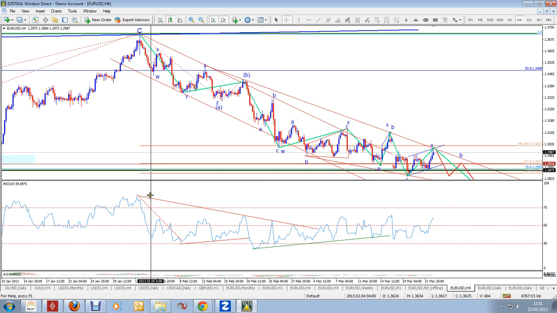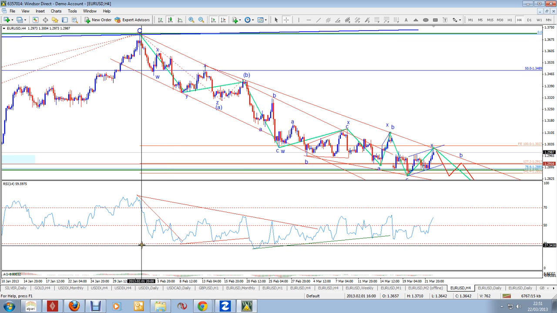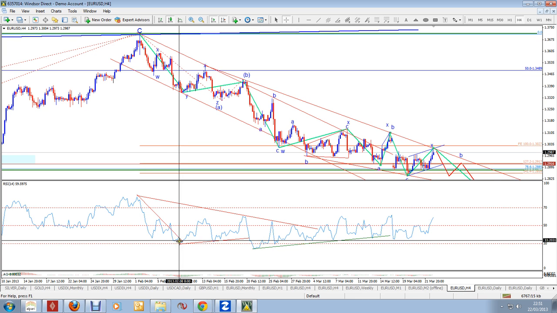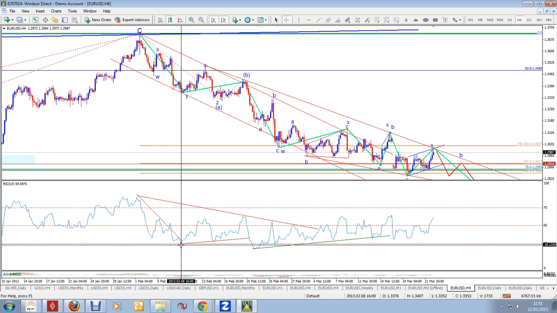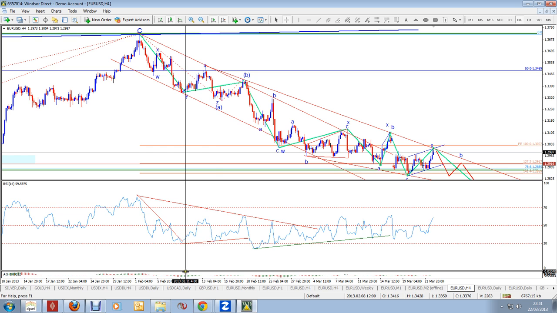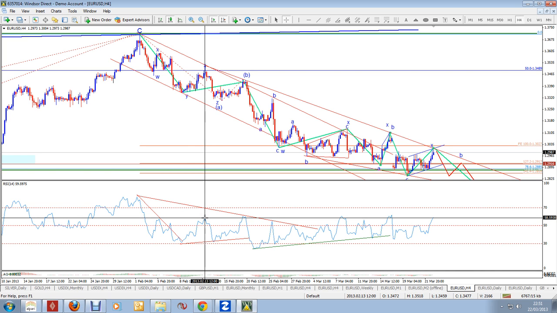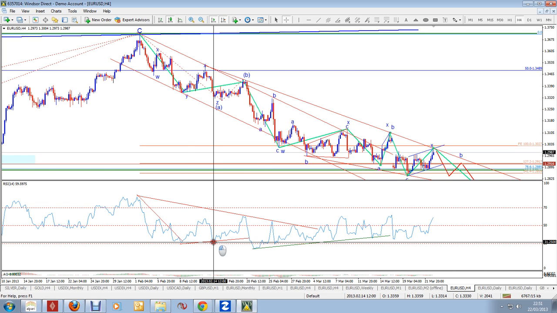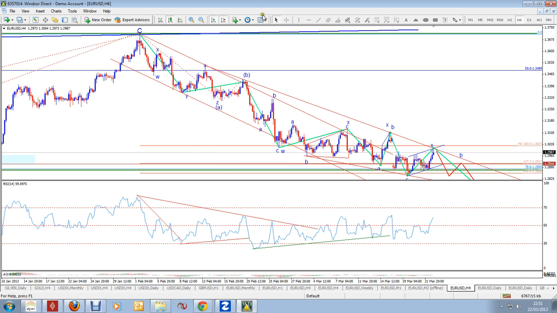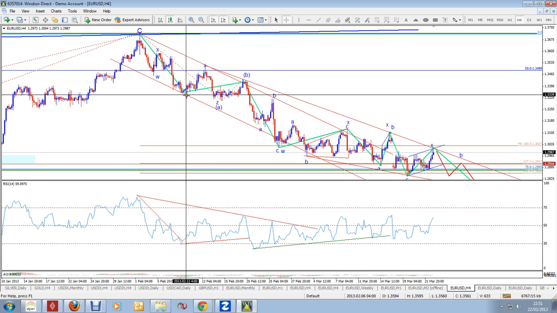So we've got W, X and Y. Okay, so that finished the first zigzag. So W, X, Y, then I'm calling this an X again, and a final leg down as Z. So we've got W, X, Y, X, Z.